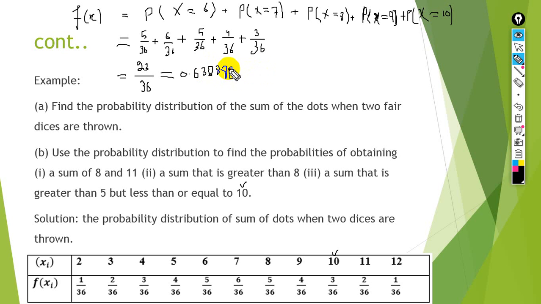Rounding the data, 0.639, which is equal to the probability in percentage 63.9%. So this is the probability of this third question.